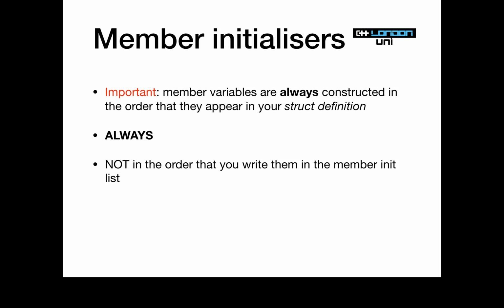They are not initialized in the order that you write them in the member initializer list. The order that you write them in the member initializer list doesn't matter at all. They will be initialized in the order you write them in the struct definition.